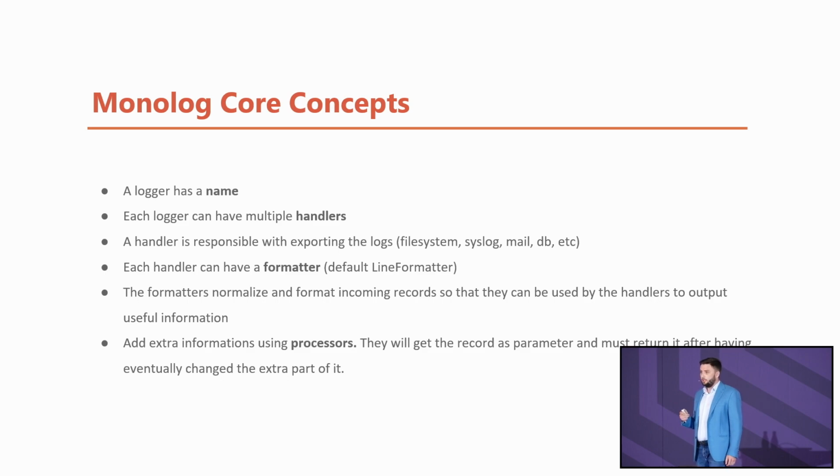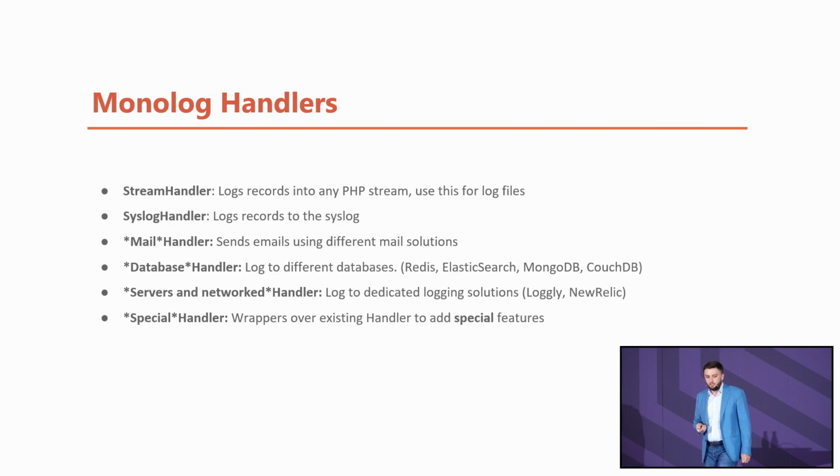Then we have the formatter, which by default is the line formatter, what we know, but there are many others. Formatters are responsible for doing nice things with the data that we pass to the logger. And then we have another thing called a processor, which automatically adds data to the log information that we're trying to save.